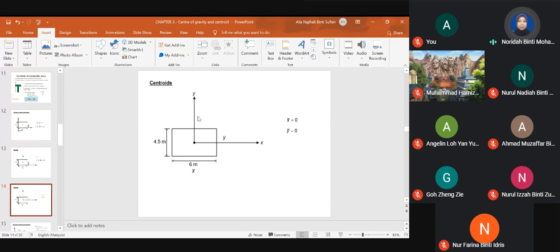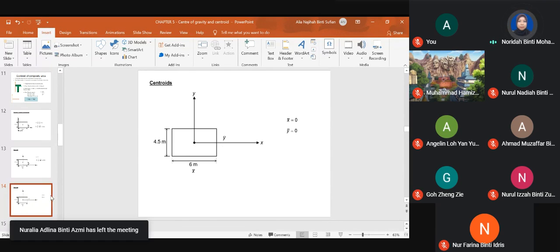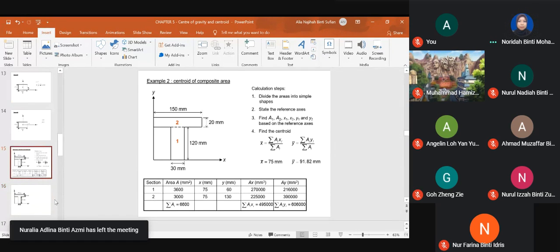Now we have both x-axis and y-axis going through the centroid here, so we have x bar equal to 0 because it is on the y-axis, and y bar is also 0 because it is on the x-axis.